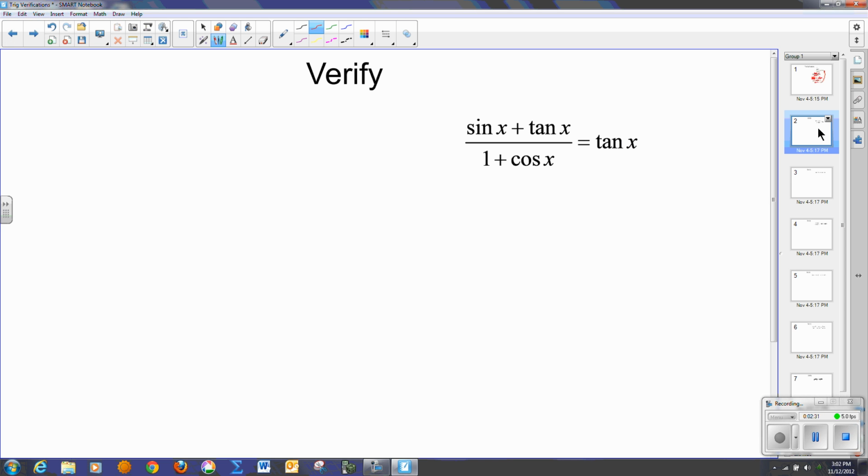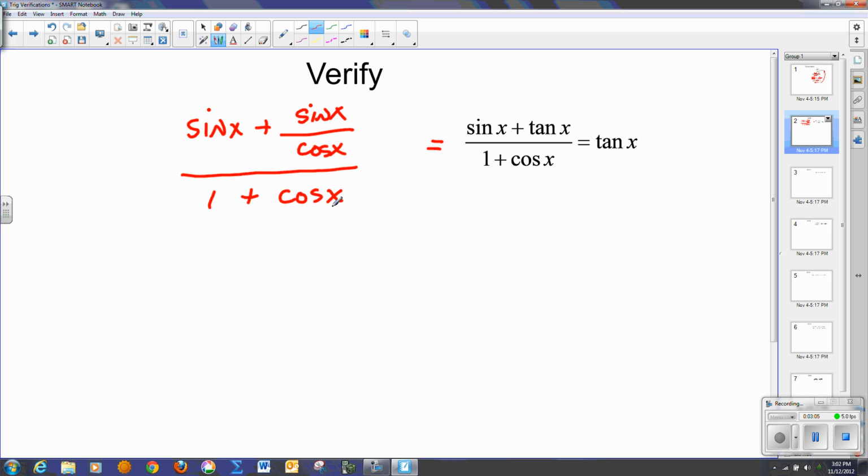So we want to show that this quantity is equivalent to tangent. Right, and I will go through and change a little bit. The difference here in this problem is I don't have any trig or any Pythagorean identities. So I'm going to change everything to sines and cosines. This is what I typically do when I have a problem like this. So I'll take sine of x plus tangent, which is equal to sine over cosine. So what I'm going to create is a complex fraction. And that's equal to 1 plus cosine of x.